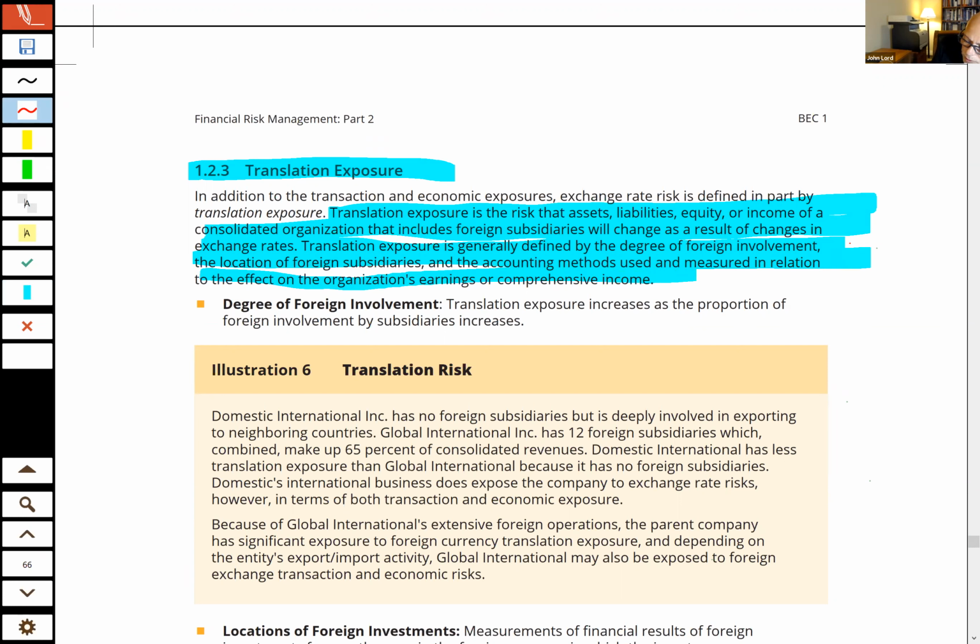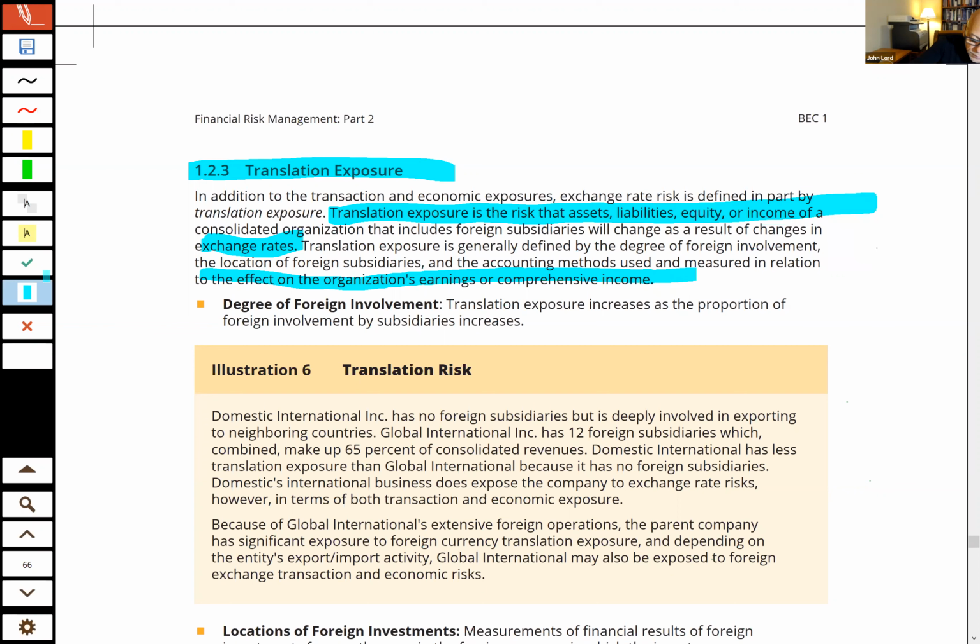What that's really saying is, it depends on the country, the exchange rate, and also the difference between, say, IFRS and US GAAP and the way various things are accounted for. All of that is going to affect the translation exposure.